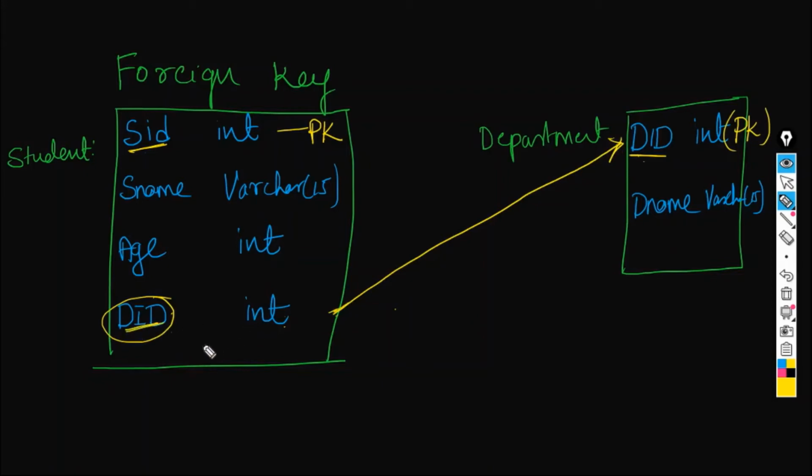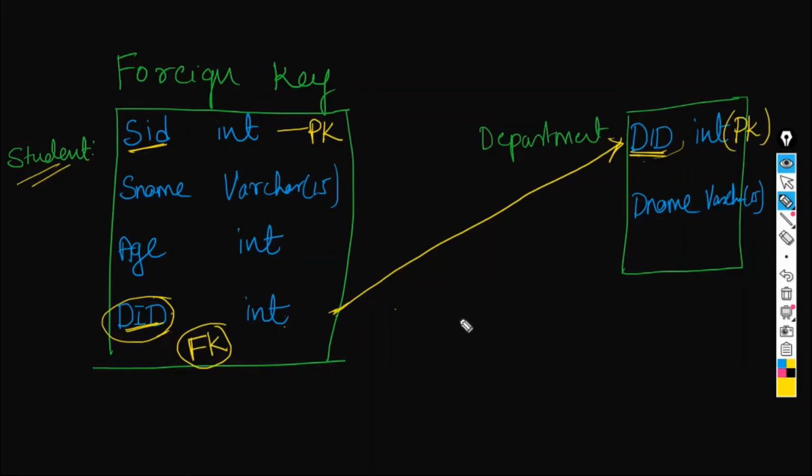Department ID will be foreign key in this table, which is a primary key in the department table. Department ID is a primary key in department table, but department ID becomes foreign key in the student table. It is the reference. Foreign key is the referential integrity constraint which creates the relationship between tables.